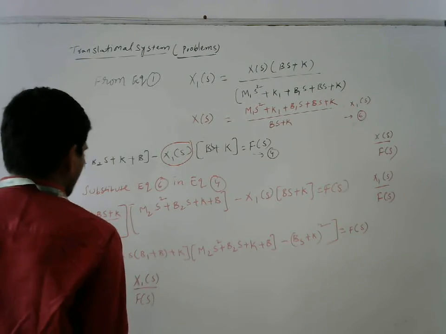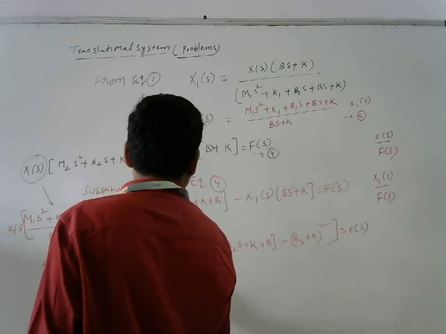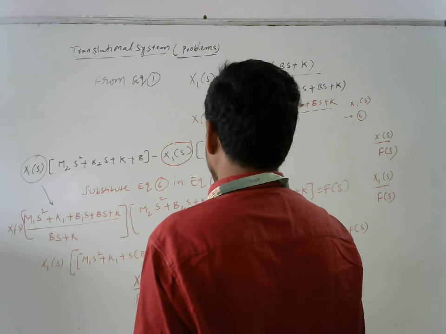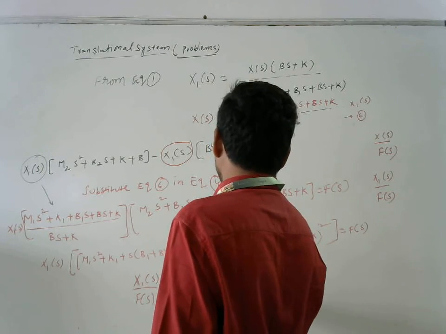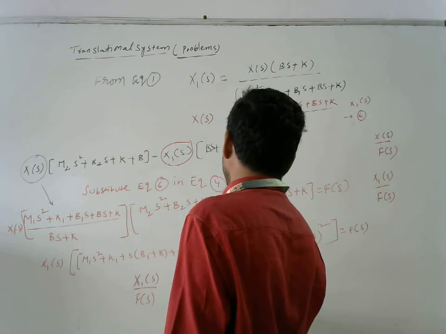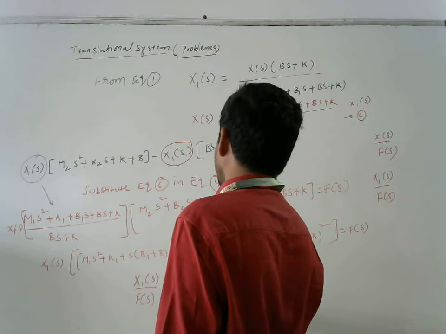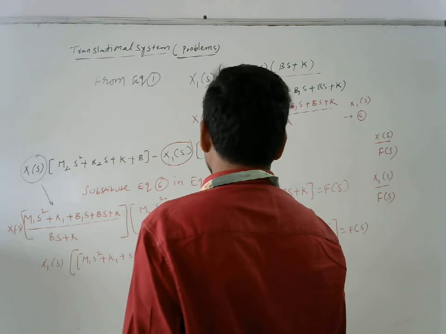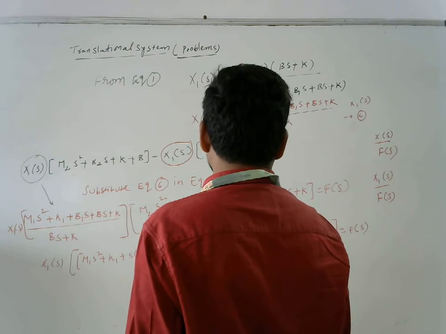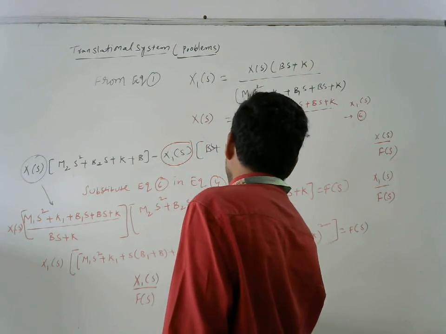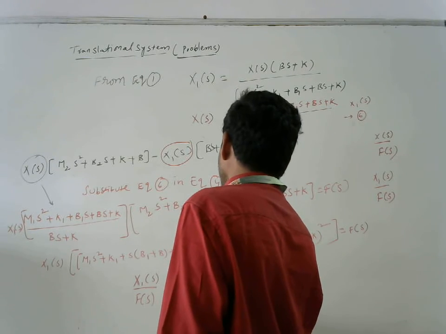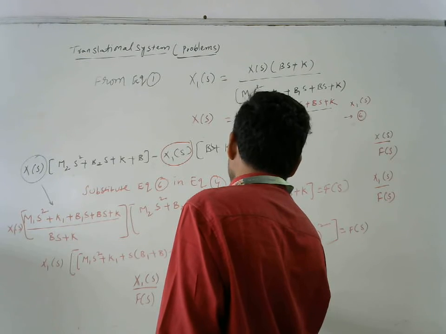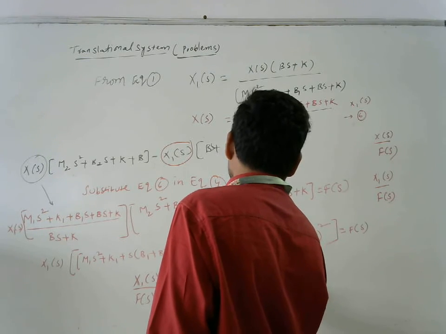Now finally our conclusion is that x1 of s by f of s is equal to 1 divided by all these things, m1 s square plus k1 plus s into b1 plus b plus k.